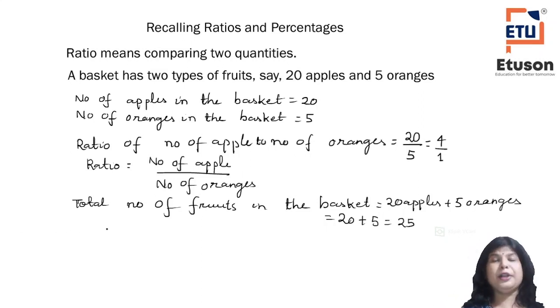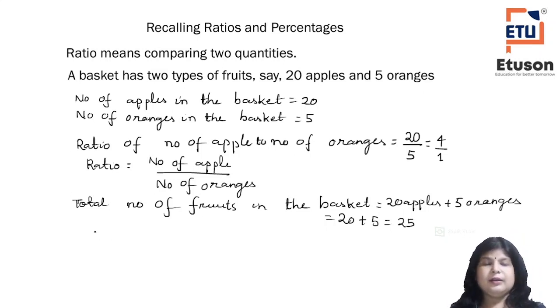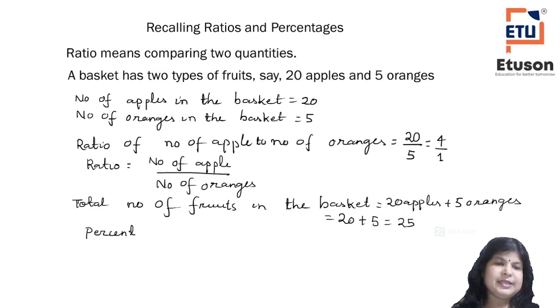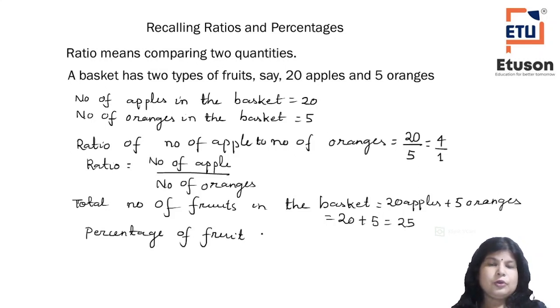Now suppose you want to find out the percentage of fruit, which is 100. So now the percentage of fruit that is apple, how are we going to find that? That is equal to the number of apples, right?